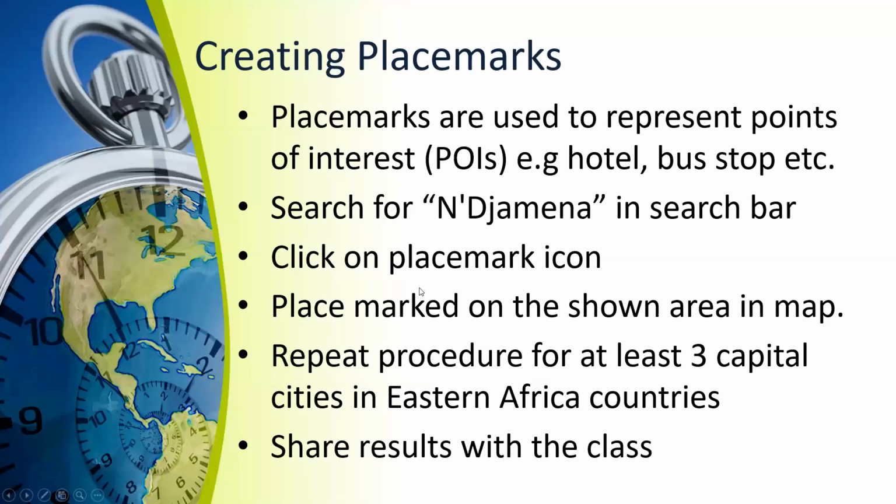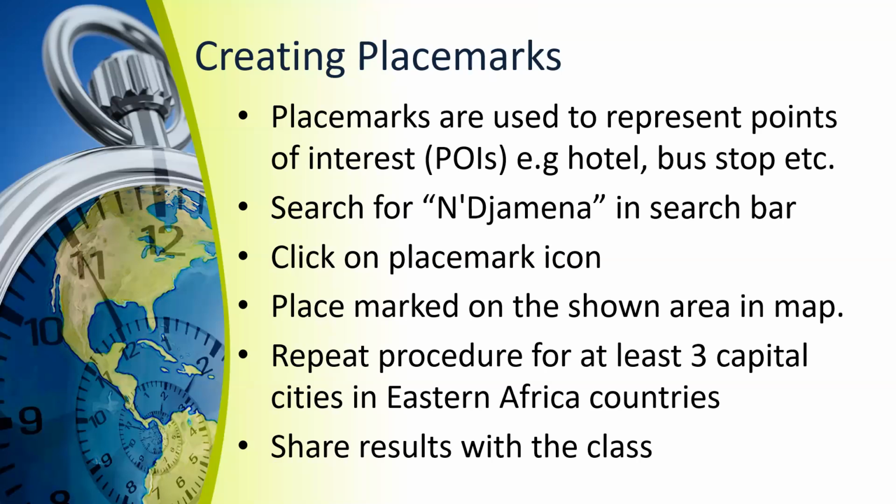So let us look at creating place marks. So what are place marks? Place marks are like point features of sorts that are used to represent points of interest. Points of interest is a term that is normally used a lot in the geospatial field when working with maps.